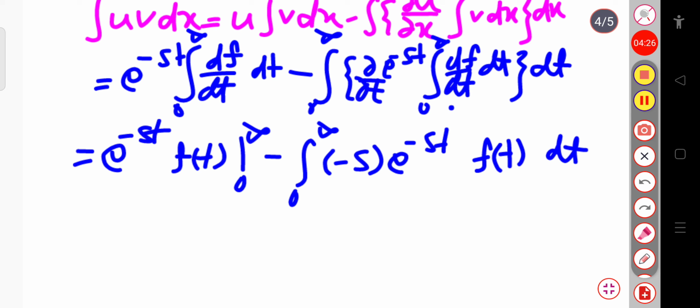Since at last we have to integrate from 0 to infinity, we will put the limit at the end of the calculation.